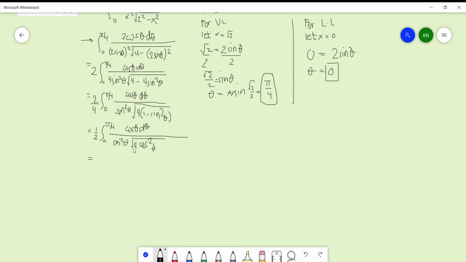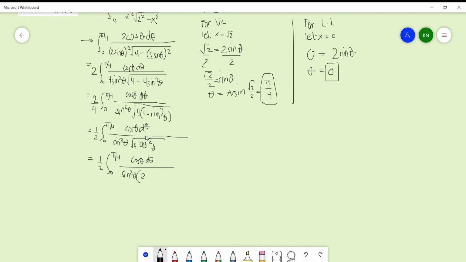And afterwards, we will be finding the square root of this. So we have 1/2 from 0 to pi over 4, then we have the cosine theta d theta, and then we still have the sine squared theta. And then the square root of 4 is 2, so we have 2 here.